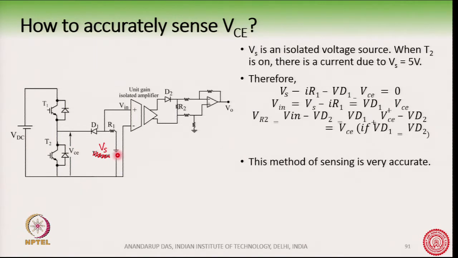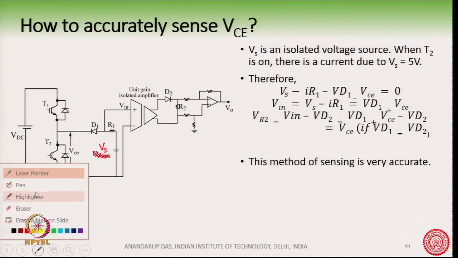You can see there is a circuit here: an isolated voltage source, a resistance and a diode. The voltage VCE is fluctuating between VCE on and the VDC voltage. When the voltage is VDC, of course, Vs is less than VDC.